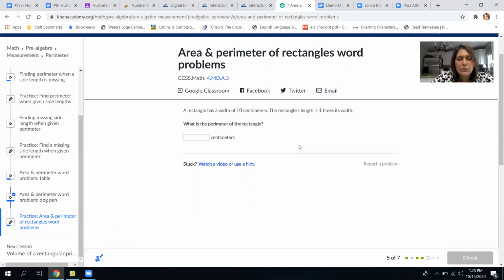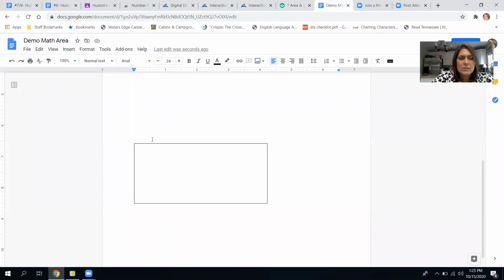Okay, so let's talk about this. We know the rectangle has a width of 10 centimeters. You could certainly draw this different ways, but you know that it has a width of 10 centimeters.